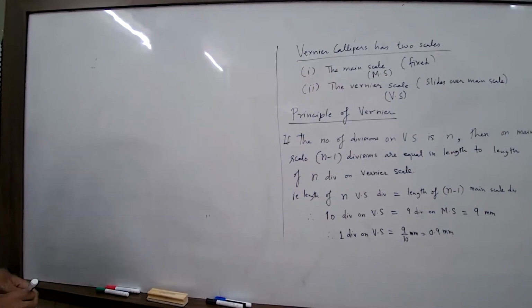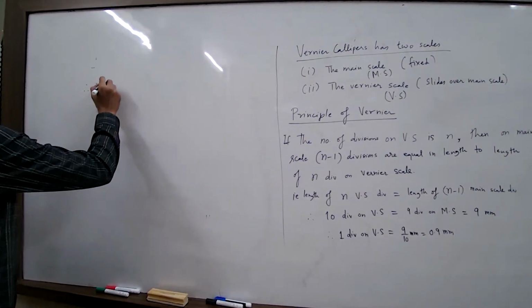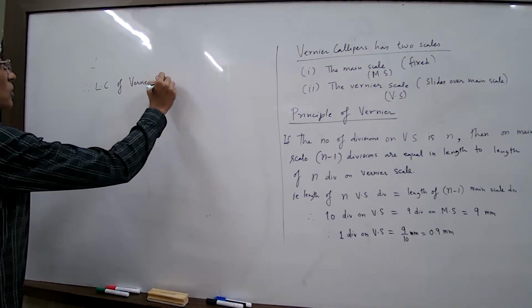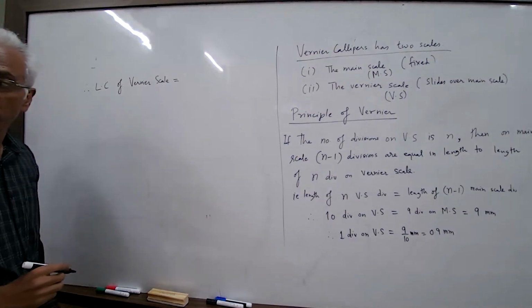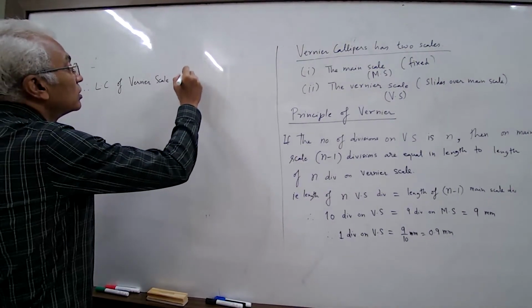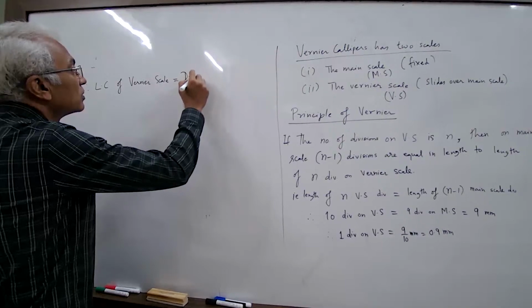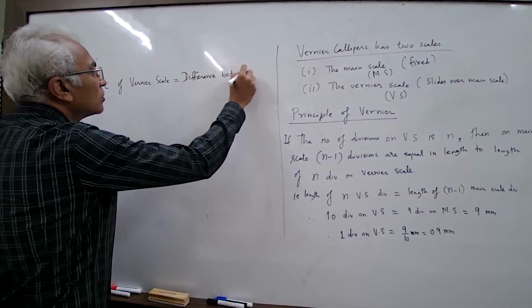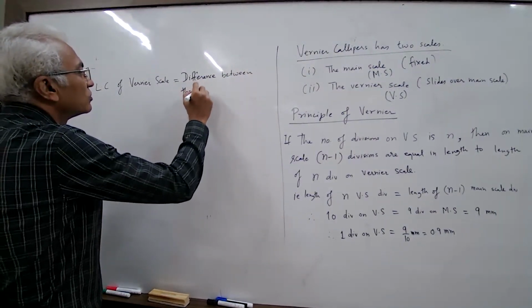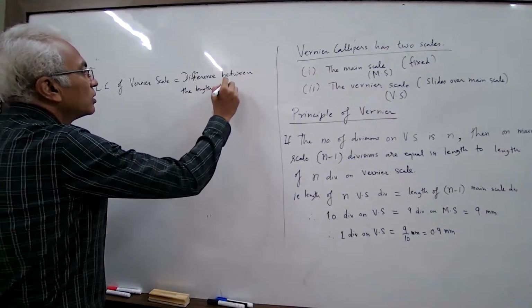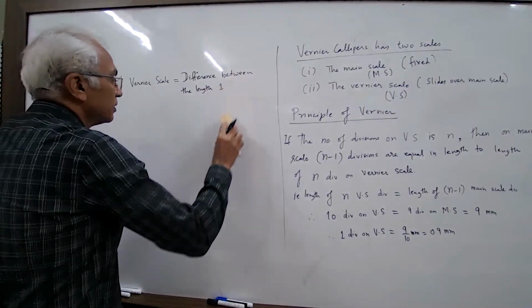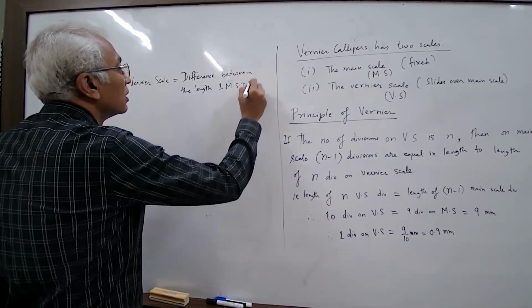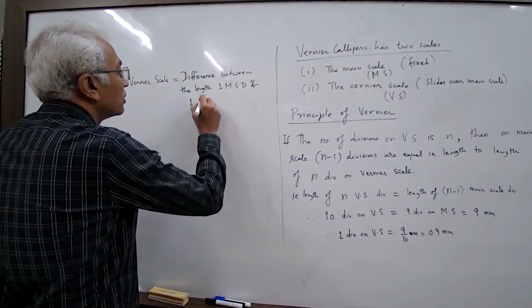Therefore, least count of vernier scale is equal to the difference between the length of one main scale division and one vernier scale division.